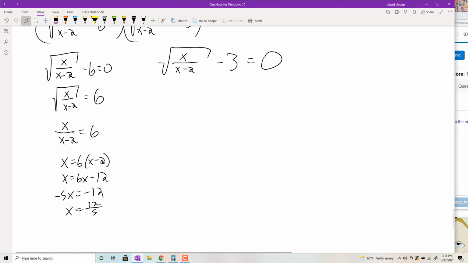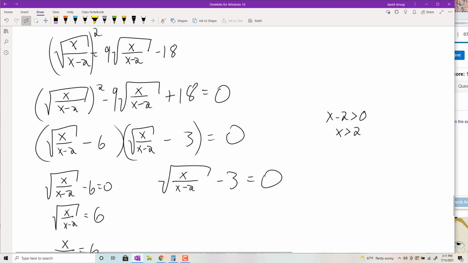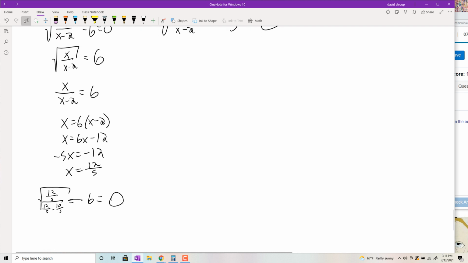Let me check it in my original equation. 12/5 all over 12/5 minus 10/5, minus 6 is 0. So this will be the square root of 12/5 divided by, in other words, multiplied by 5/2. Minus 6 is 0.